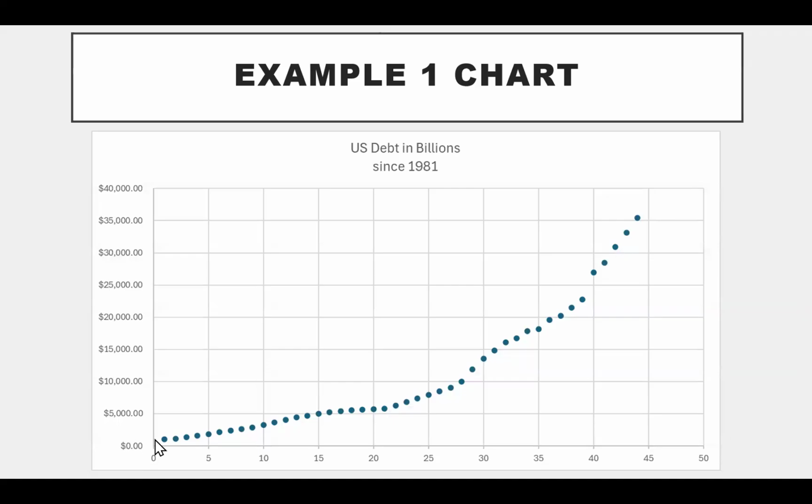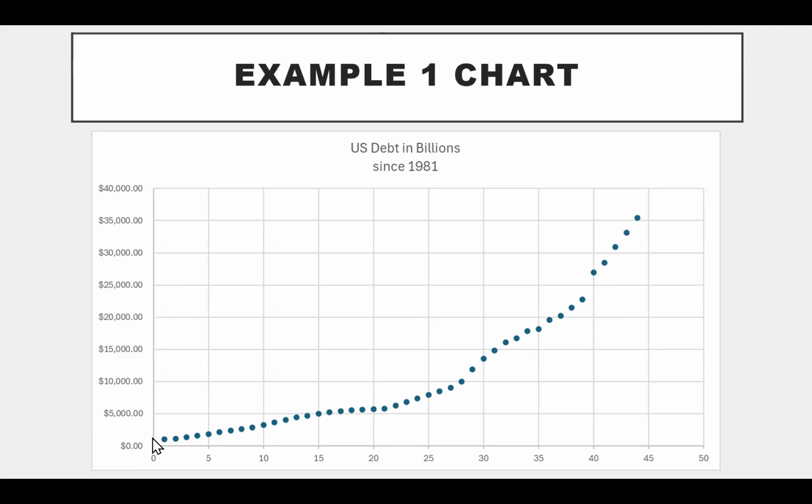We use the debt as the y-axis and the years since 1980 as the x-axis. So we're starting at 1981 there with an x of 1. So x is years since 1980. Y is debt in billions of dollars.